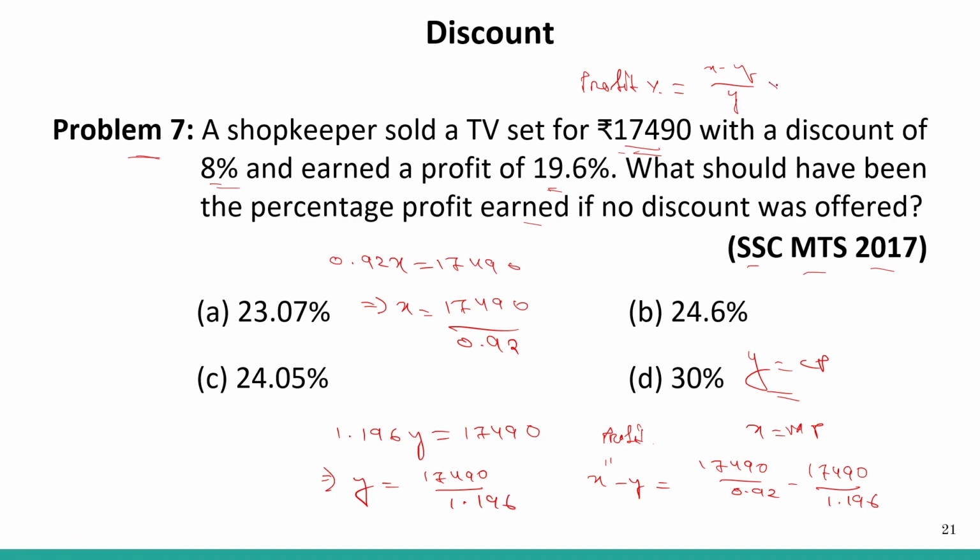So this much into 100. This is what we want to calculate. So this is equal to x by y minus 1, into 100. Or we have x minus y equal to this much amount, and we have y. We can evaluate this to find the correct answer. So let's go forward and see the calculations so that we could find out which among A, B, C or D is actually the correct answer.